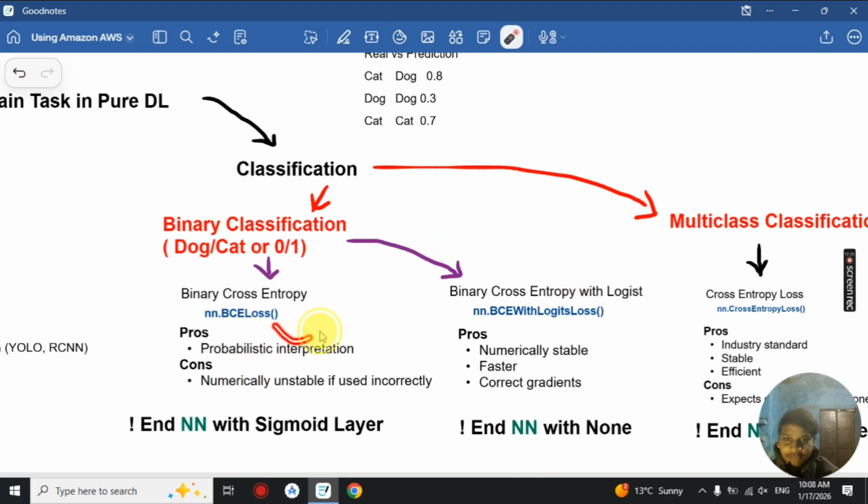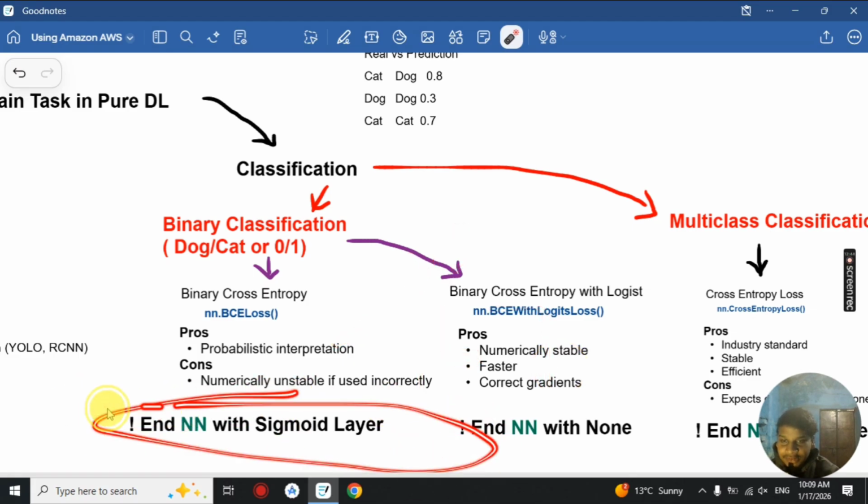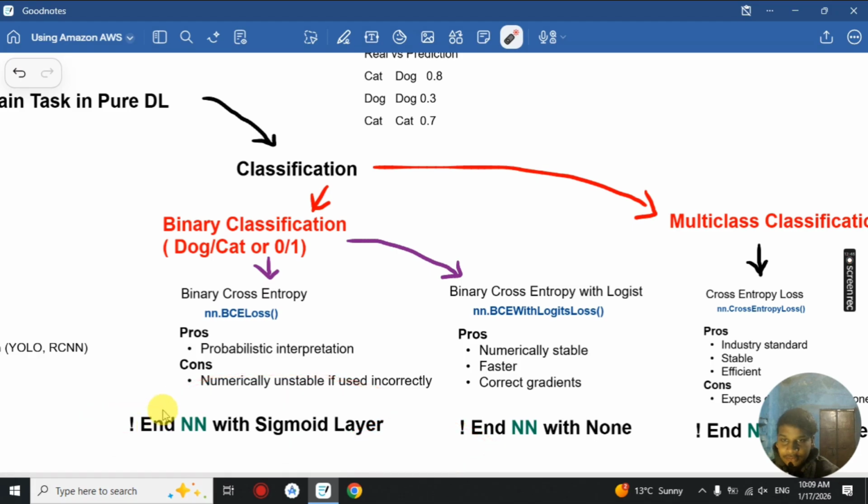So here we get a probabilistic interpretation, like 0.3, 0.7, etc. You need to understand that the neural network should end with a sigmoid layer only. This one is also numerically unstable if used incorrectly, so it's generally not used in binary classification.